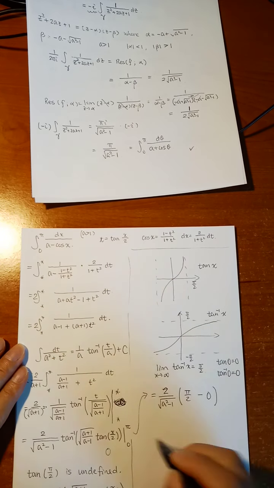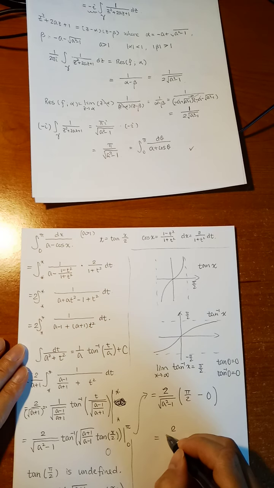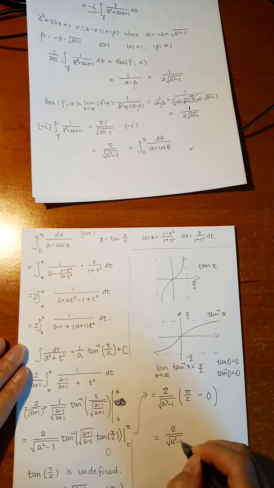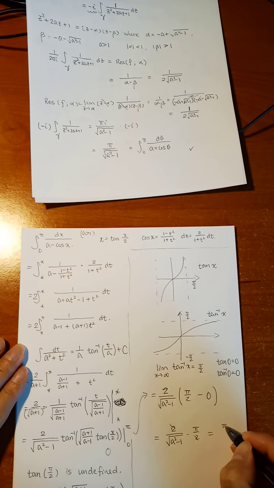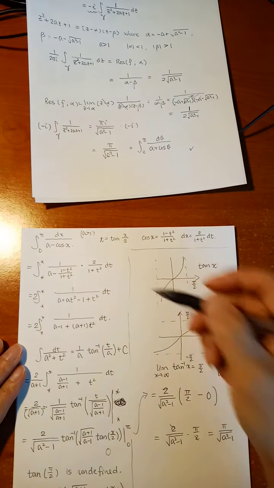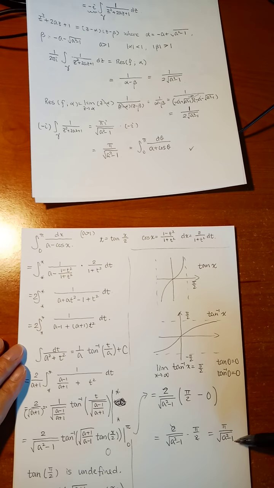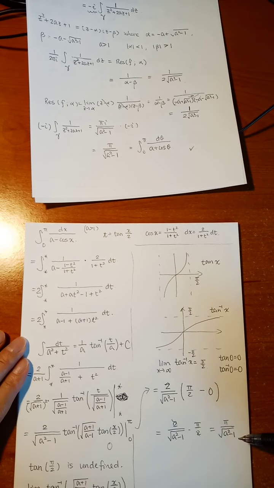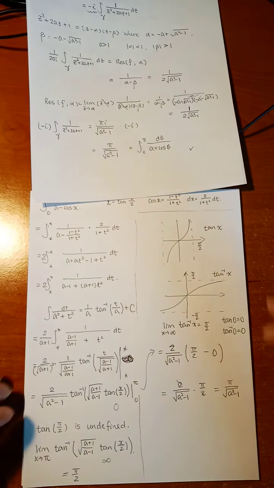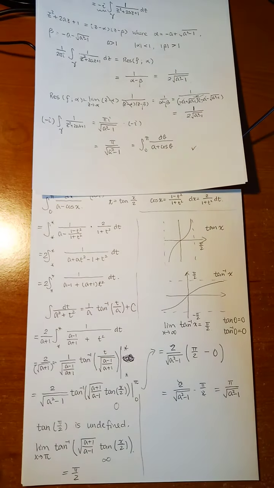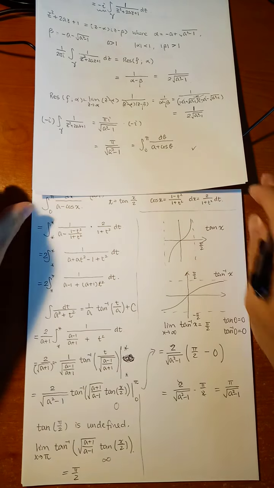So you get 2 over the square root of a squared minus 1 times pi over 2. You cancel 2, you get pi over the square root of a squared minus 1. Again, from this computation, we see that we get exactly the same answer as with a positive a plus cosine x.